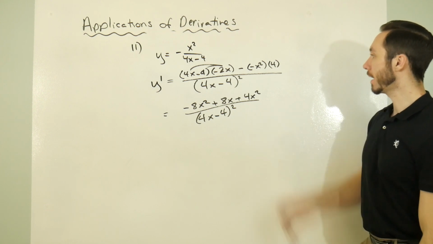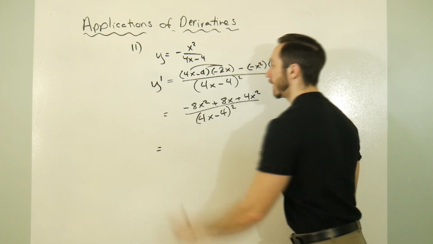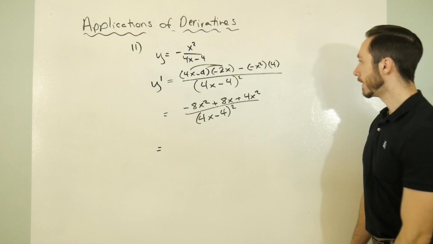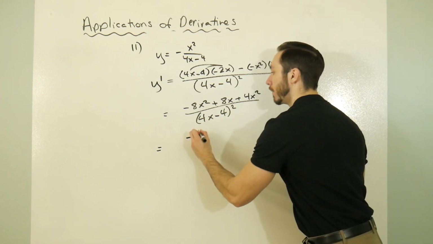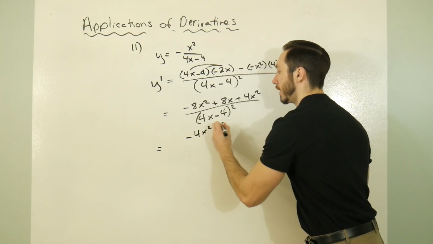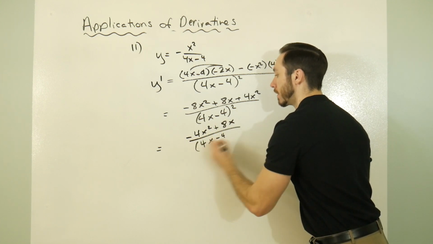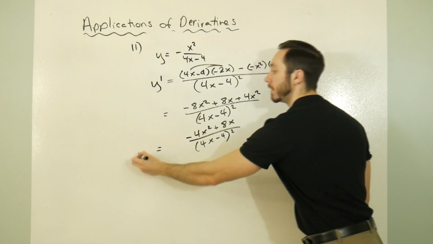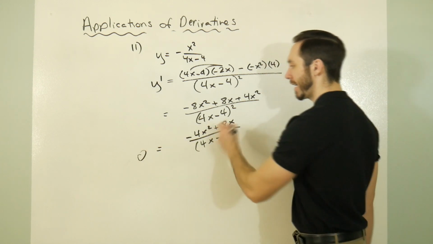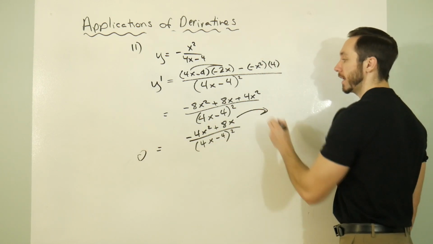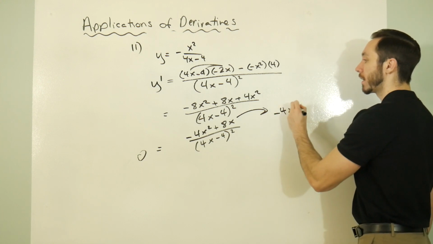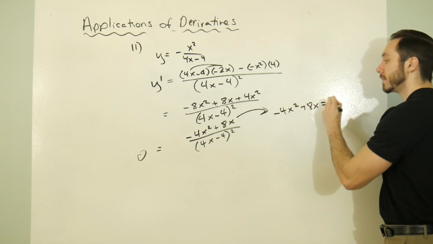Up top in the numerator, one last step to simplify. We end up getting negative 4x squared plus 8x. Where our derivative is 0, I just set top to 0. And that's exactly what I'm going to do here. I'm going to say negative 4x squared plus 8x is equal to 0.